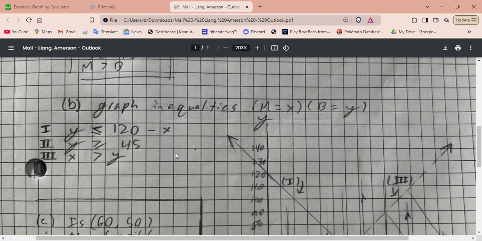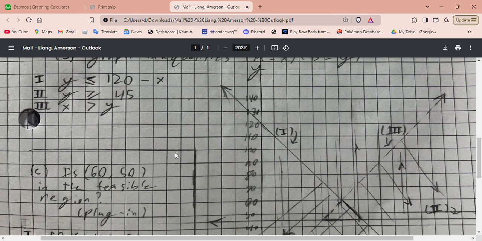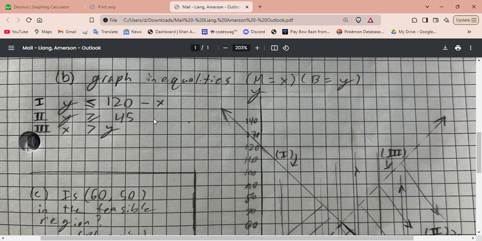A feasible region happens when you have a system of inequalities that, when graphed, display a region that overlaps with all of the inequalities and satisfies all of them.